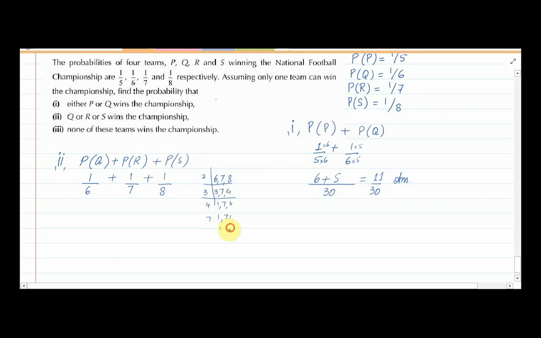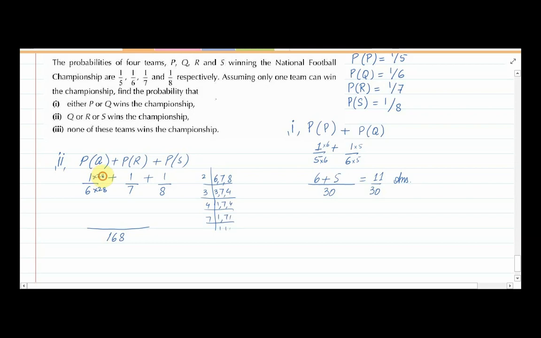So your LCM is 2 3s are 6, 6 4s are 24, and 24 times 7 is 168. So LCM is 168. Now 6 times 28 is 168. That means 1 should be multiplied with 28.